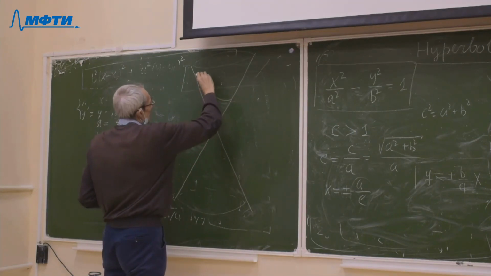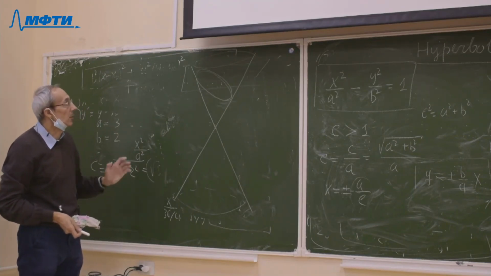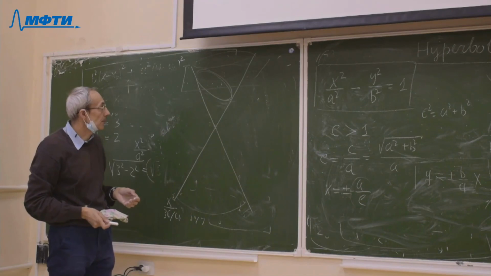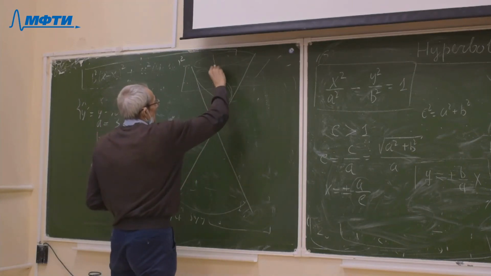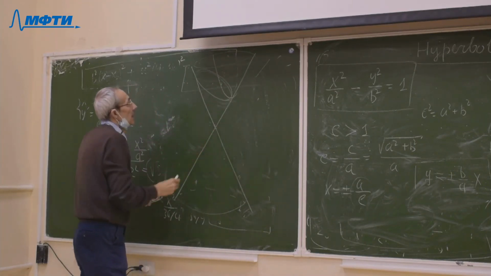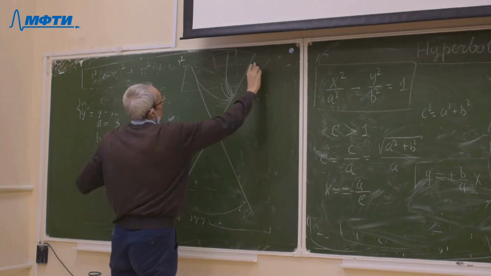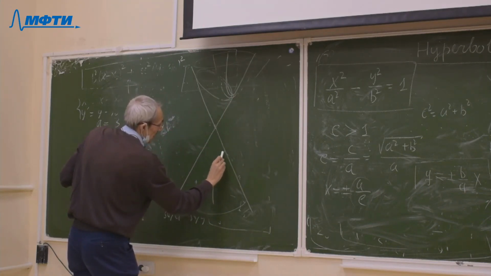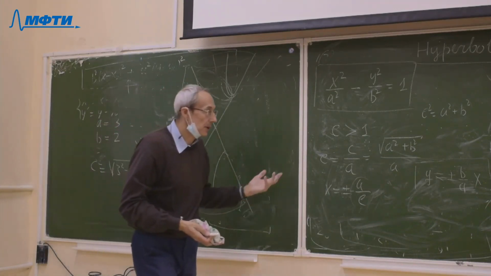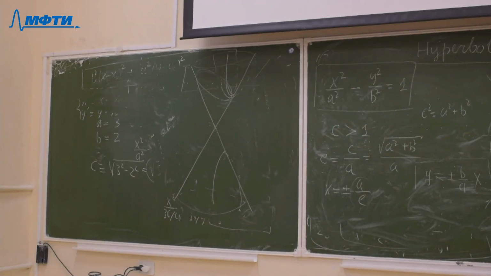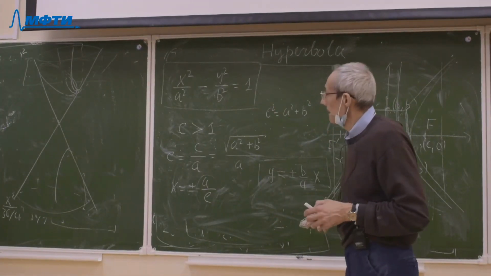For a small slope we obtain the ellipse; if the slope increases, we obtain the parabola; and if we increase the slope more, we obtain two branches, and in this case we obtain the hyperbola.